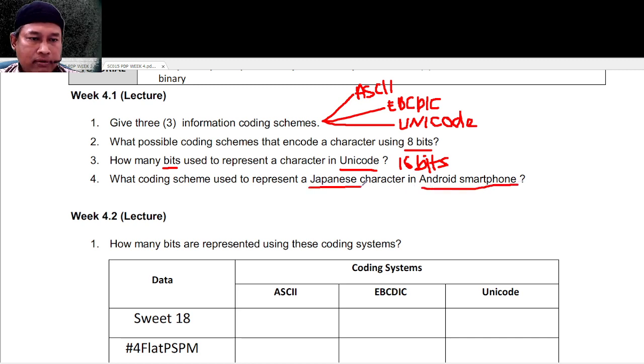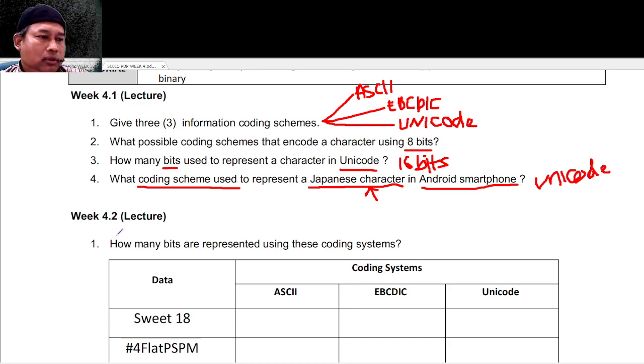Japanese characters are the language symbols of Japanese. So you must remember any language symbol uses Unicode. So the answer is Unicode.